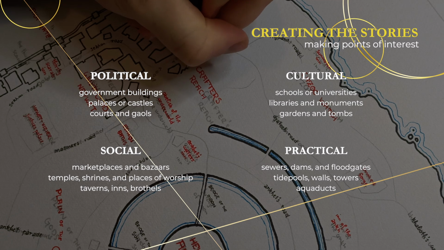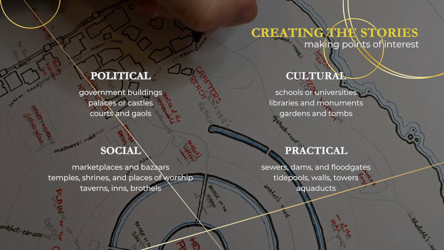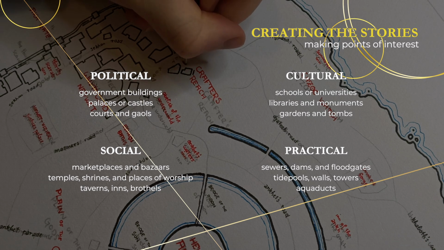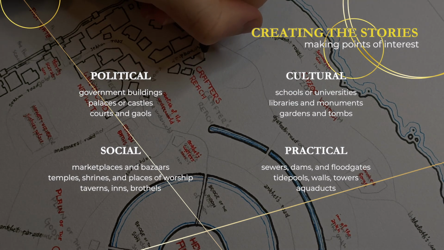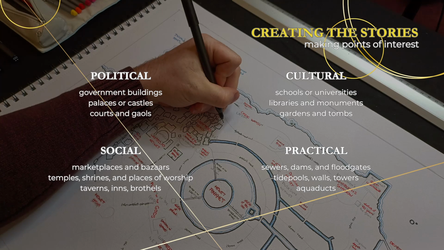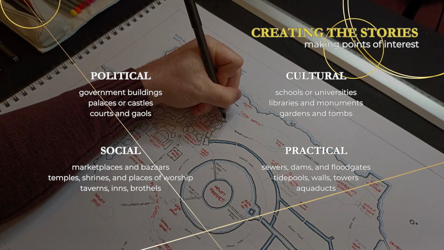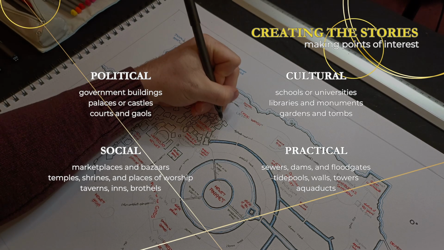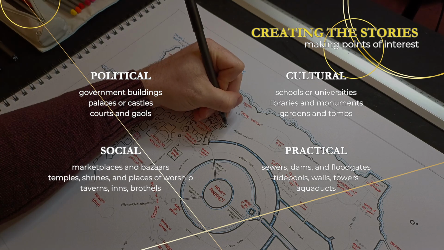The cultural icons are things like universities and libraries, but also you have gardens and cemeteries. Those are all cultural. Social areas are things like marketplaces and bazaars, but it also encompasses religion, different places of worship, and especially things like taverns and inns and brothels, places where people meet and gather and discuss and talk.